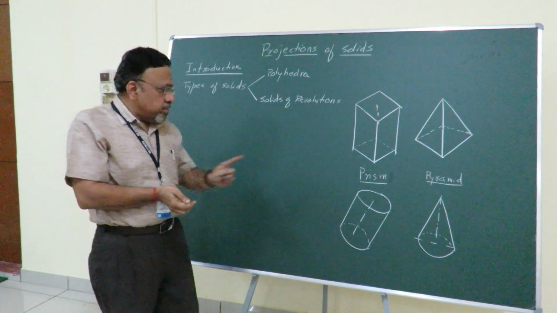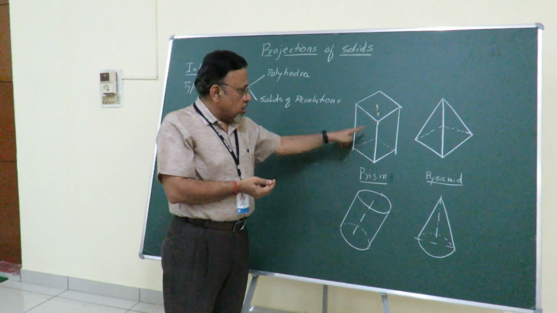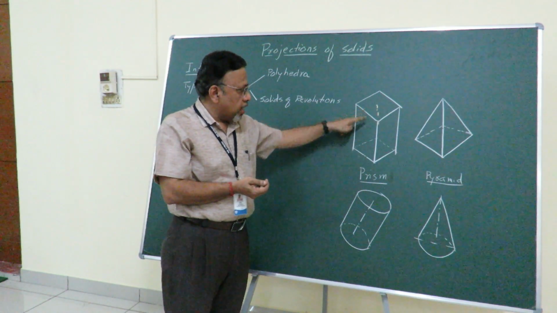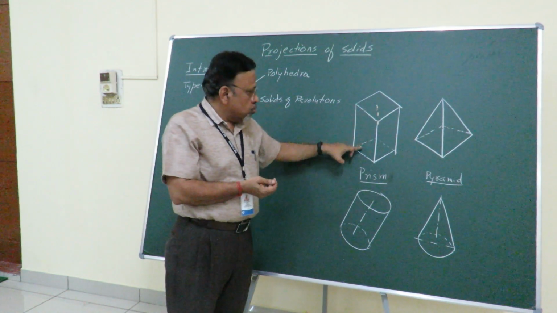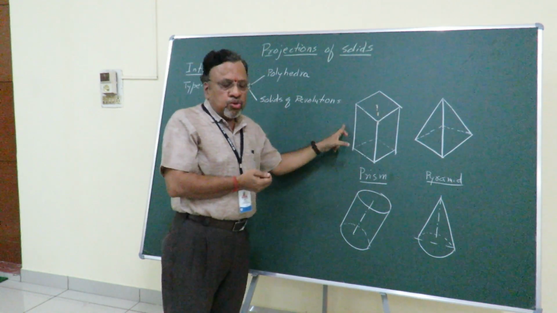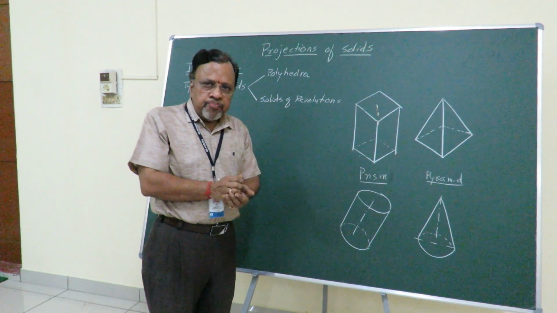A prism has two bases, or I can say two ends. These two ends or bases are parallel to one another, and they are bounded by faces. Then we consider this particular solid, or polyhedron, as a prism.